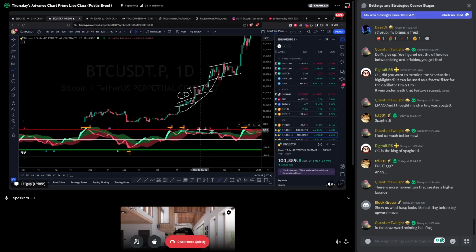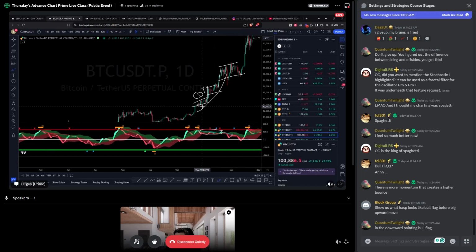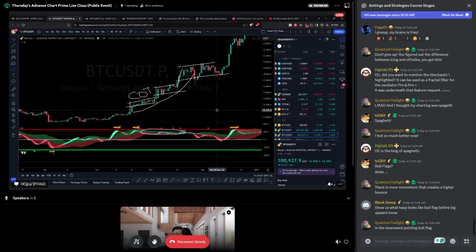You see corrections, corrections, and corrections, but the damn thing does not correct, right? So every single time we start seeing this, we call for correction equals ranging or dropping, right?